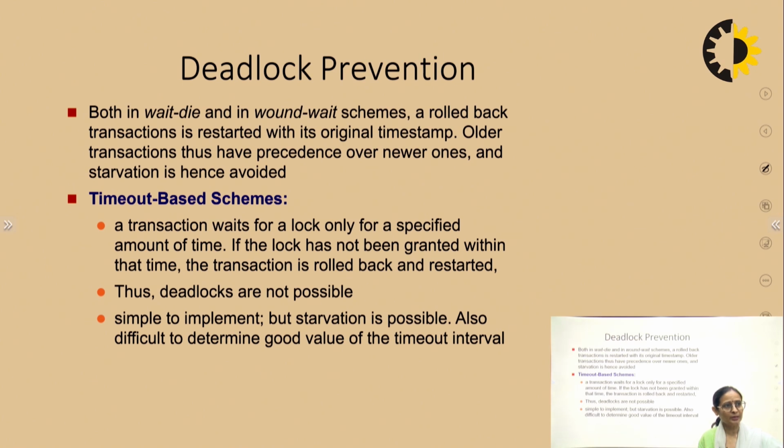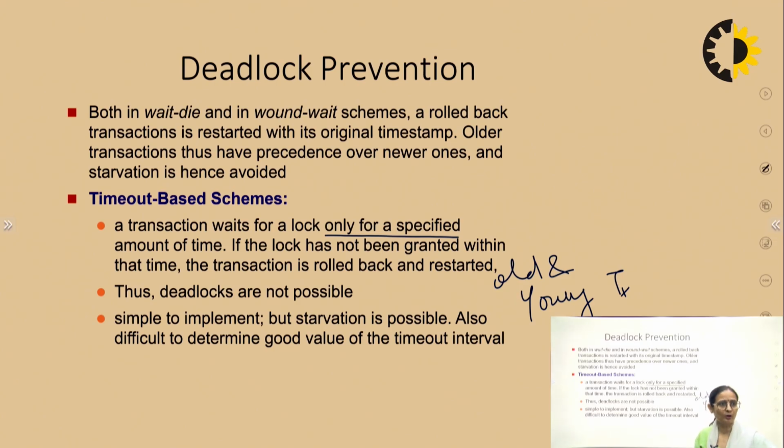Timeout based schemes: a transaction waits for a lock only for a specified amount of time. If the lock has not been granted within that time, then the transaction is rolled back and restarted. There is no concept of old and young transactions.